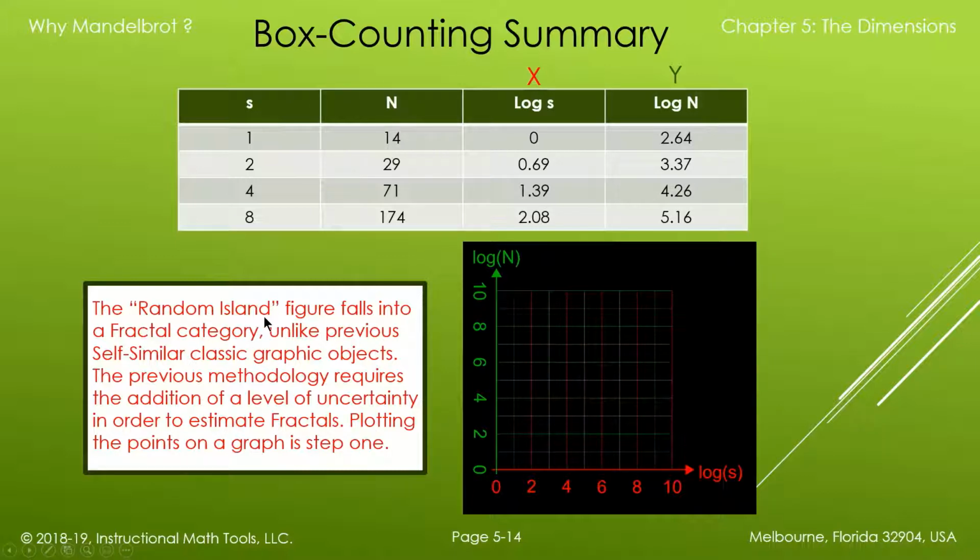The random island falls into a fractal category, unlike the previous classic shapes of being self-similar. So we need an additional level of uncertainty here, something that will allow us to plot a line on this graph so we can find the best fit line and come up with the best estimate that we possibly can for that random coastline.